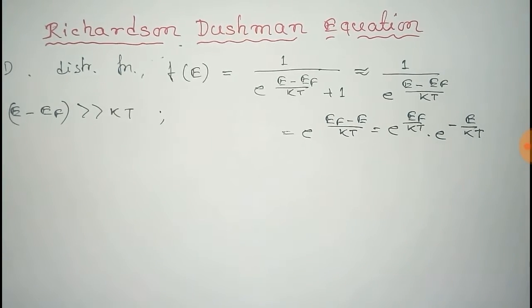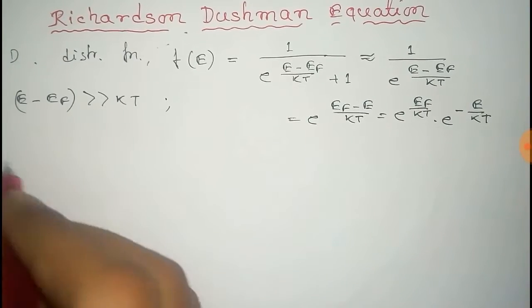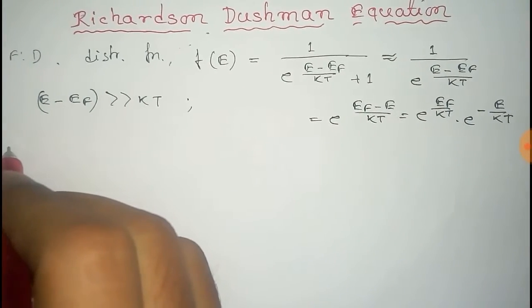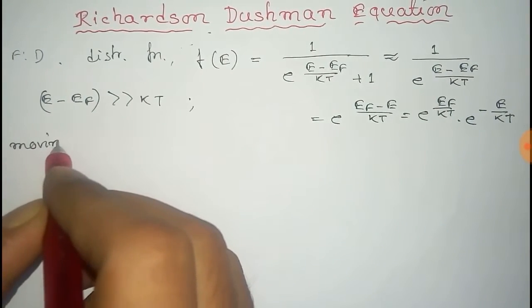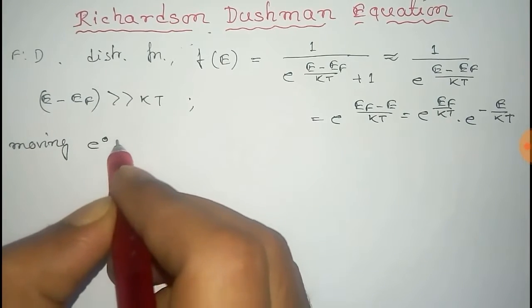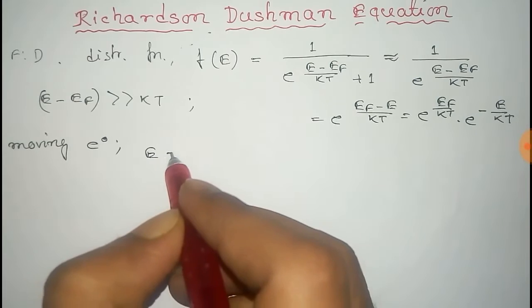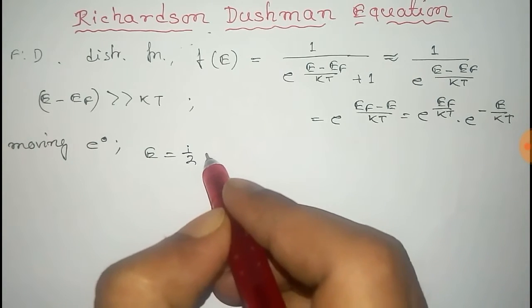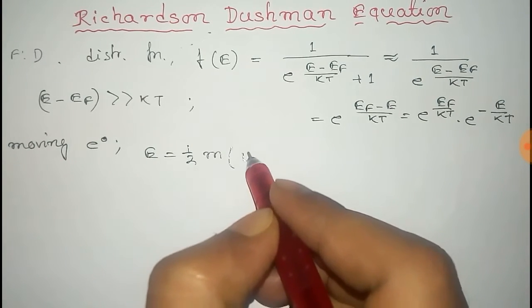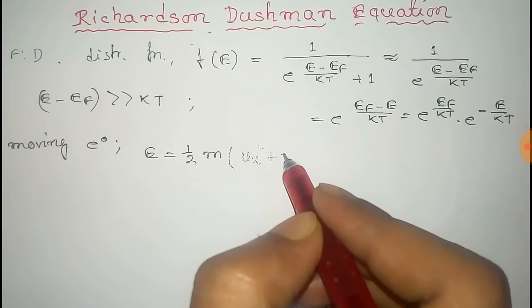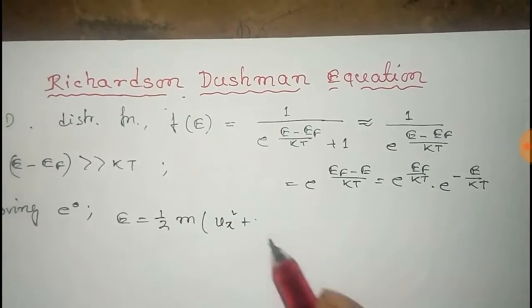Now for a moving electron, the energy E is totally kinetic, so E is given by half of m, that is the mass of the electron, into (Vx square plus Vy square plus Vz square).